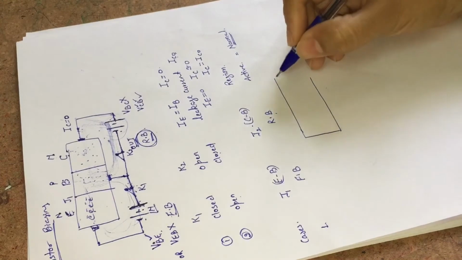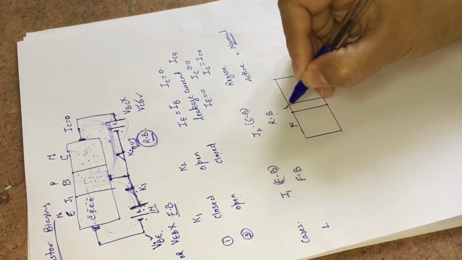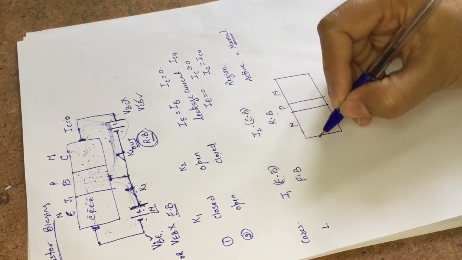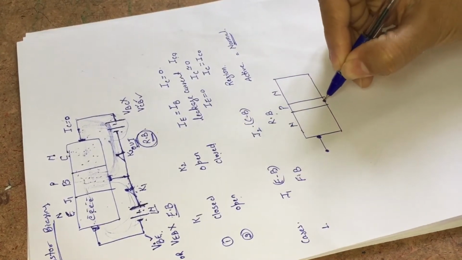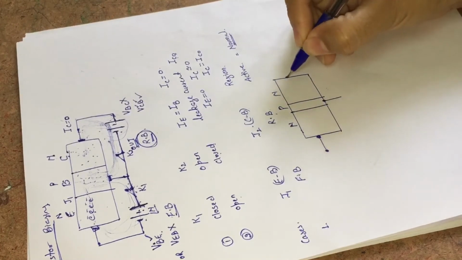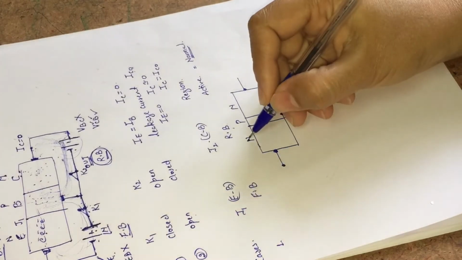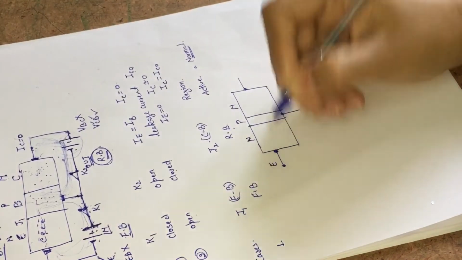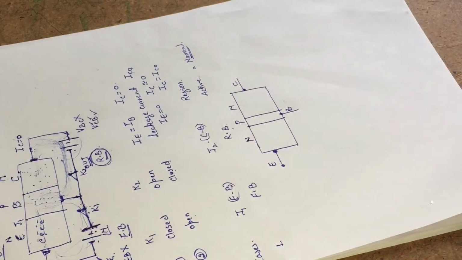If we consider this case, let us consider we have an NPN type of transistor, and we have 3 ohmic contacts in the 3 regions of our transistor. This is our emitter, this is our base, and this is our collector.